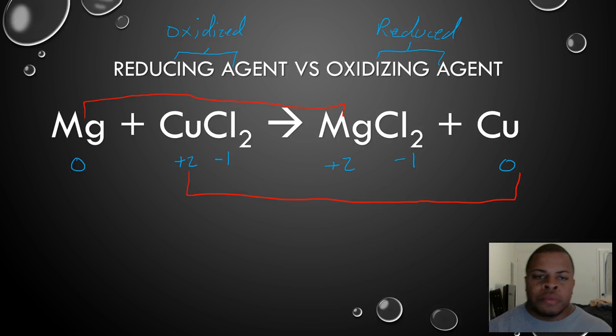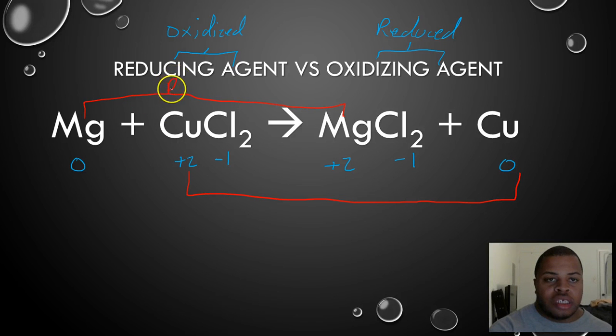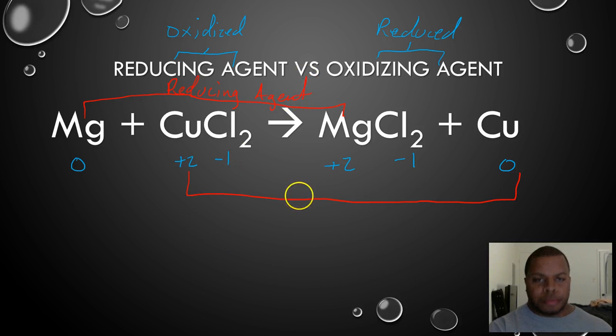It's just there. But let's take a look at what we have. Since our magnesium lost electrons, it was oxidized, making it our reducing agent. And since our copper actually gained electrons, which took it from +2 to 0, it is our oxidizing agent.